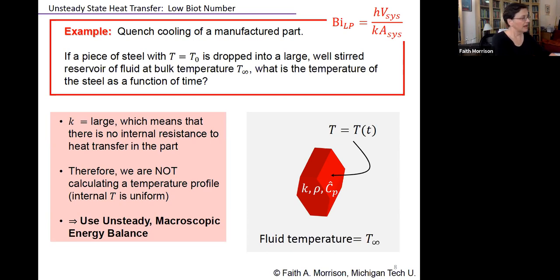Okay, so again, we're always asking ourselves, what if we were coming at this cold and we weren't positive that this was a lumped parameter analysis type of problem? Which one would we use?